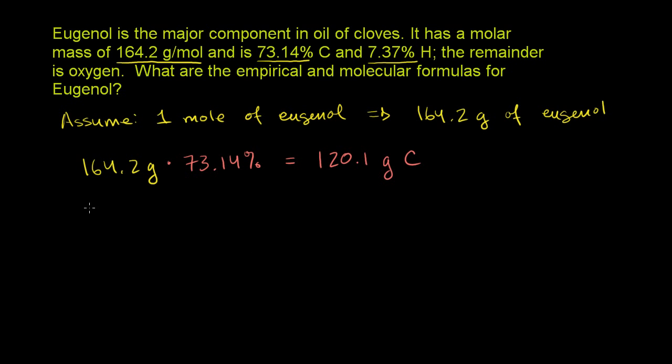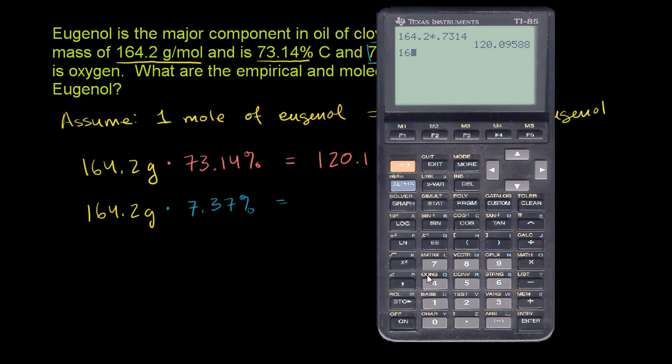Now let's do the same thing for the hydrogen and the oxygen. So we have 164.2 grams of eugenol times what's our percent composition of hydrogen? It's right here, 7.37%. So times 7.37%, what is this going to be equal to? Get the calculator out. So we have 164.2 times 0.0737, and we will get 12.1.